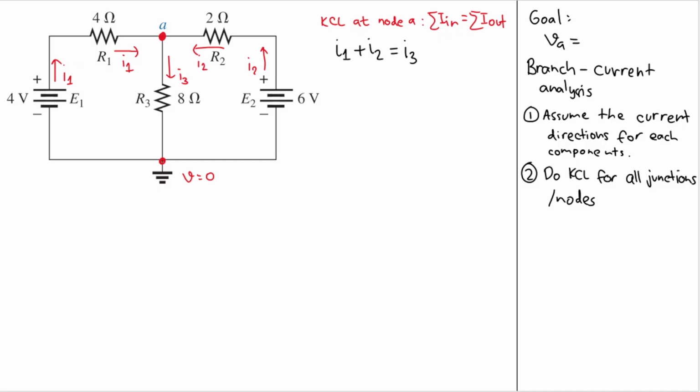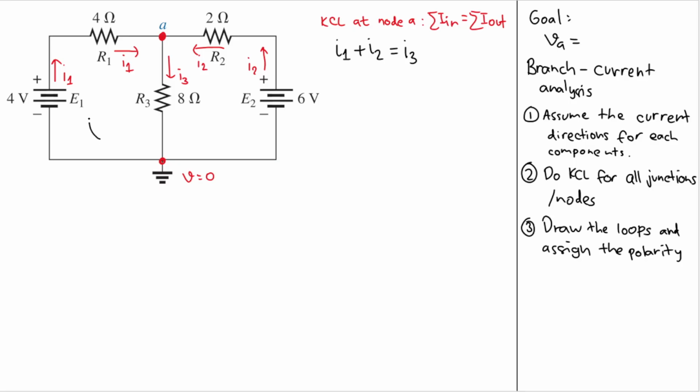Now, let's do the third step, which is to draw the loops and assign the polarity for each component. For the batteries, we already have the polarities, but we need to do it for the resistors. Here I1 goes up, then goes there and then goes down.